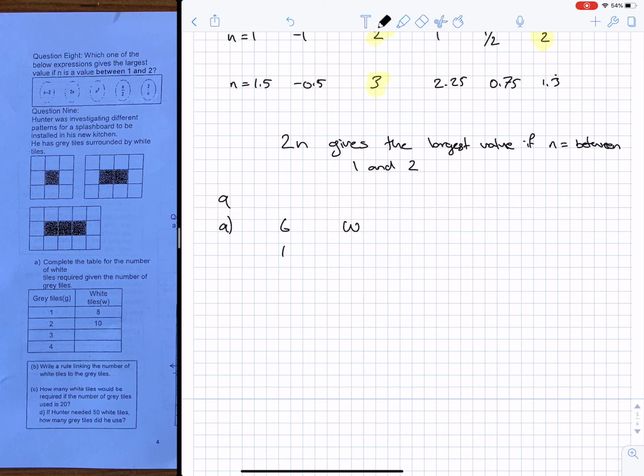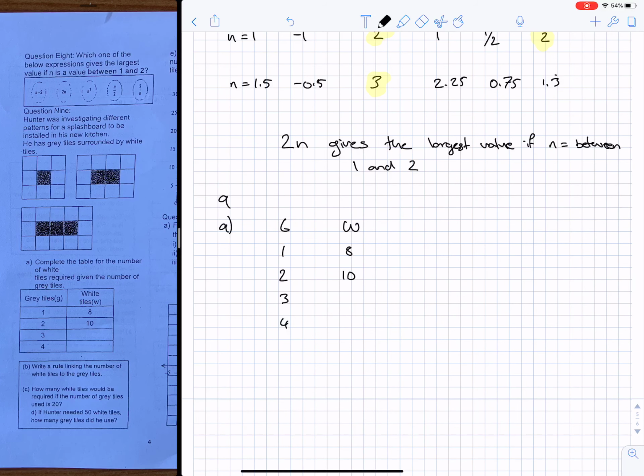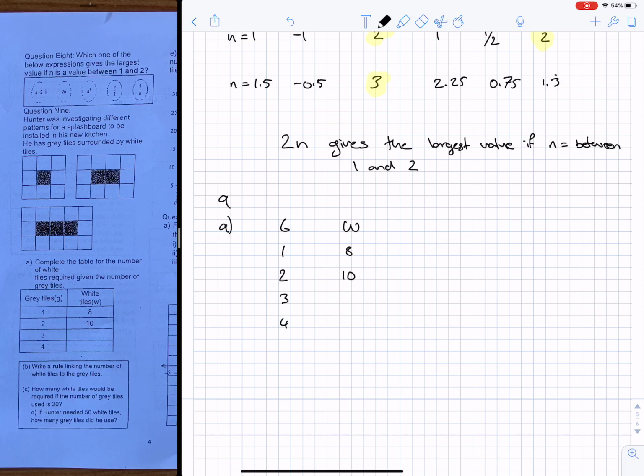Grey 1, 2, 3, 4. You've been given here 8 and 10. For 3, you've got 1, 2, 3, 4, 5, 6, 7, 8, 9, 10, 11, 12.